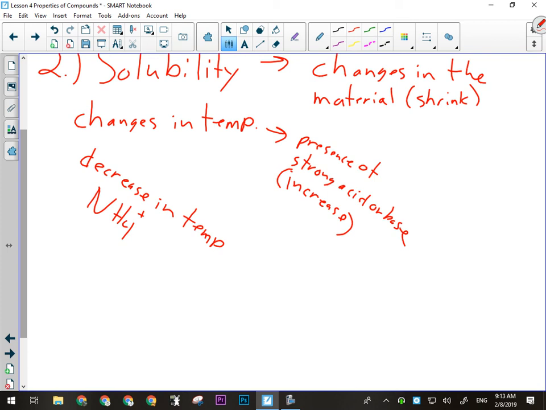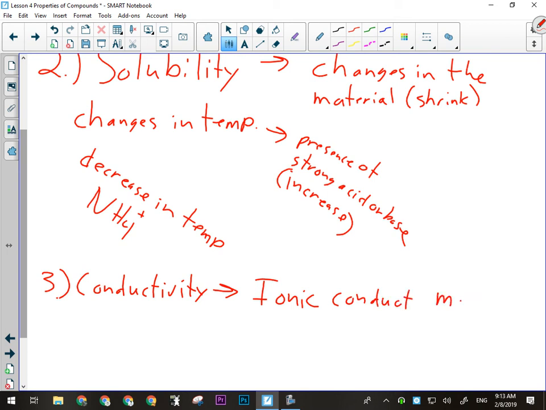Exactly. We want to run a conductivity test next, because that conductivity test will tell me 100% whether it's ionic or molecular. That conductivity test will tell me 100% for sure: this one's ionic, that one's not.